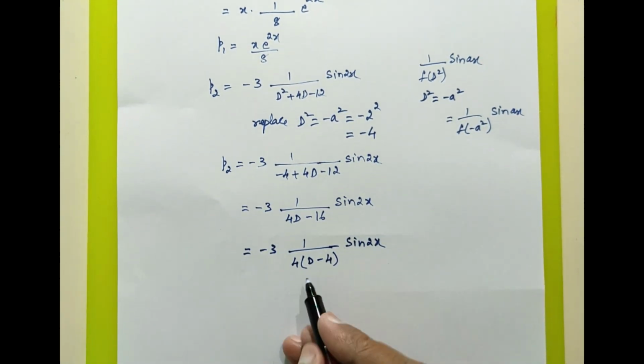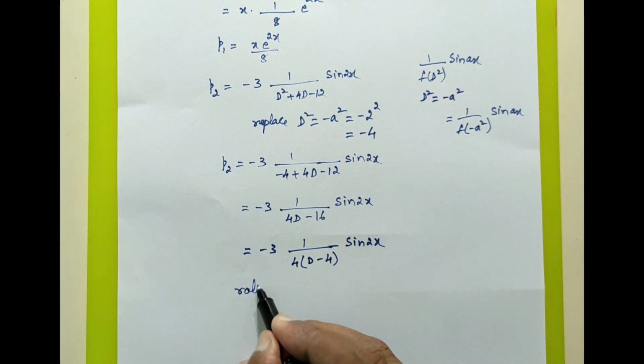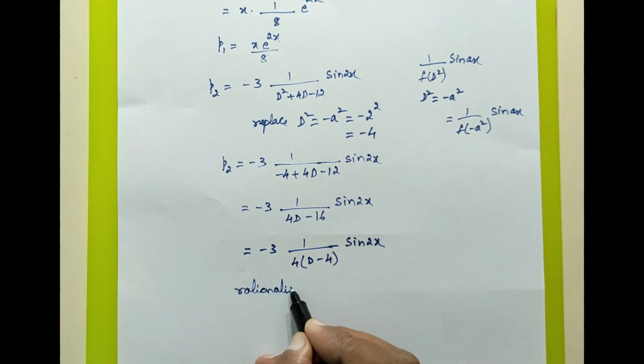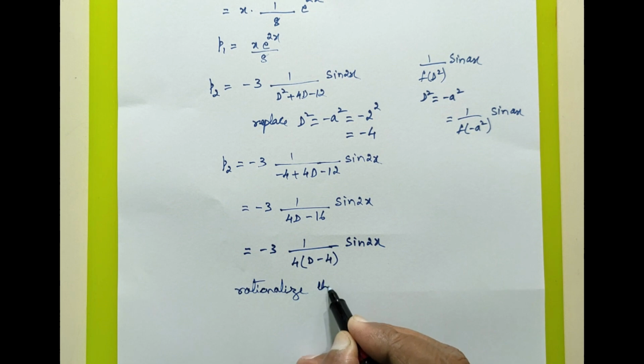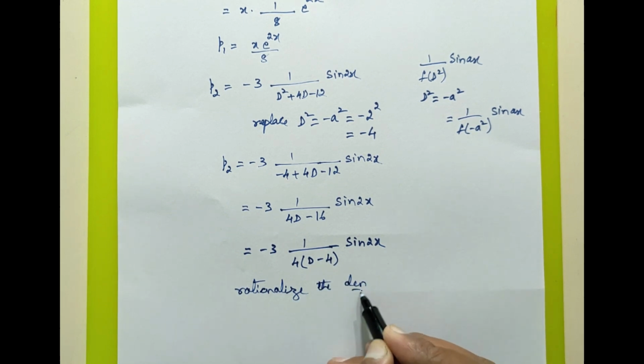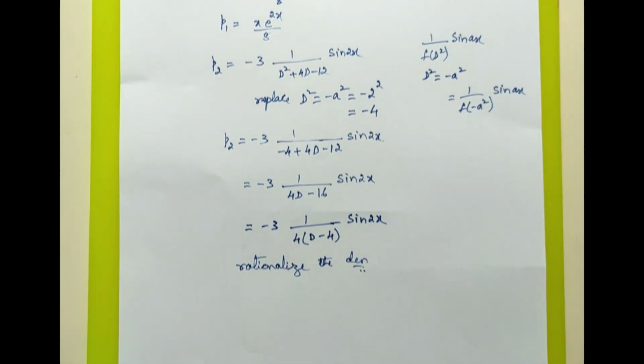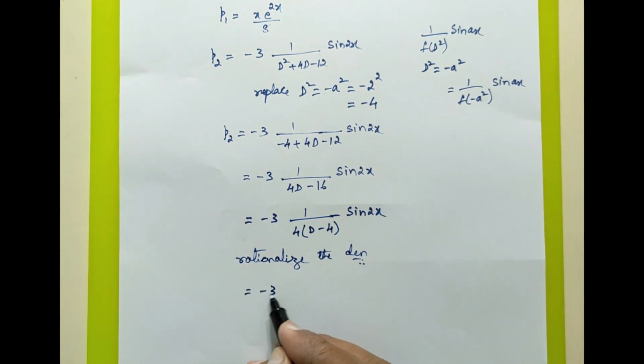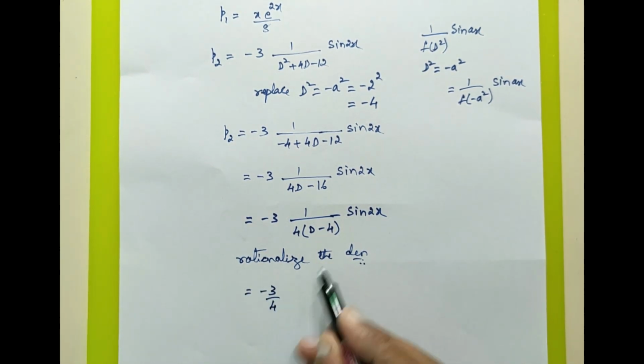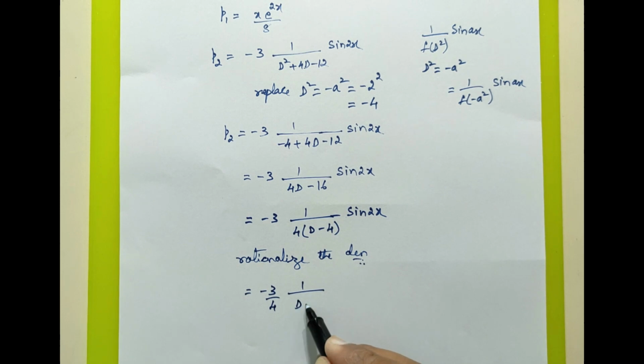So you can rationalize the denominator. If you try to rationalize the denominator, we get minus 3 by 4 times 1 by d minus of 4.